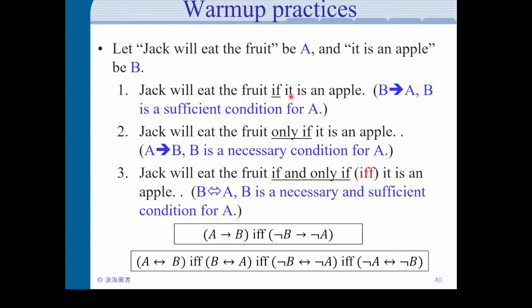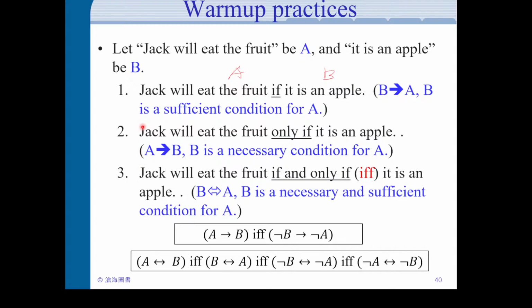You can write in English: statement A if statement B. We can write in arrow notation B implies A, and also in another English form, B is a sufficient condition for A.